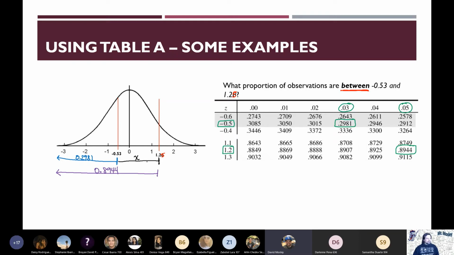Right? So we can do the algebra essentially. We can say, okay, well, 0.2981 plus whatever x is needs to equal 0.8944. So the value of x, which is the area between these two spots, is 0.8944 minus 0.2981. Which again, we'll go to our trusty calculator.